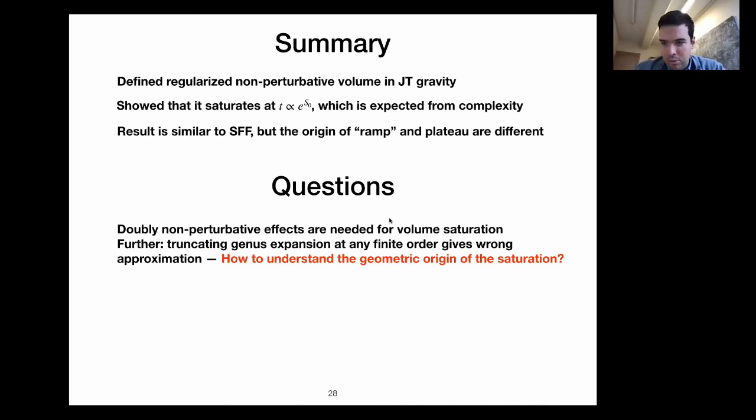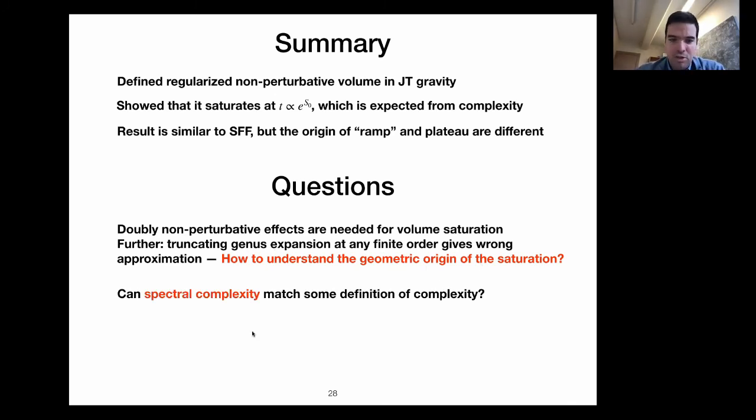And this is so crucial that if you just truncate the genus expansion, any finite order in the genus expansion would give a very wrong approximation for the volume curve. So it's a crucial thing to have these doubly non-perturbative effects, but we don't really understand the geometric origin of them. So it would be good to understand the geometric origin of the saturation directly in the gravitational theory.